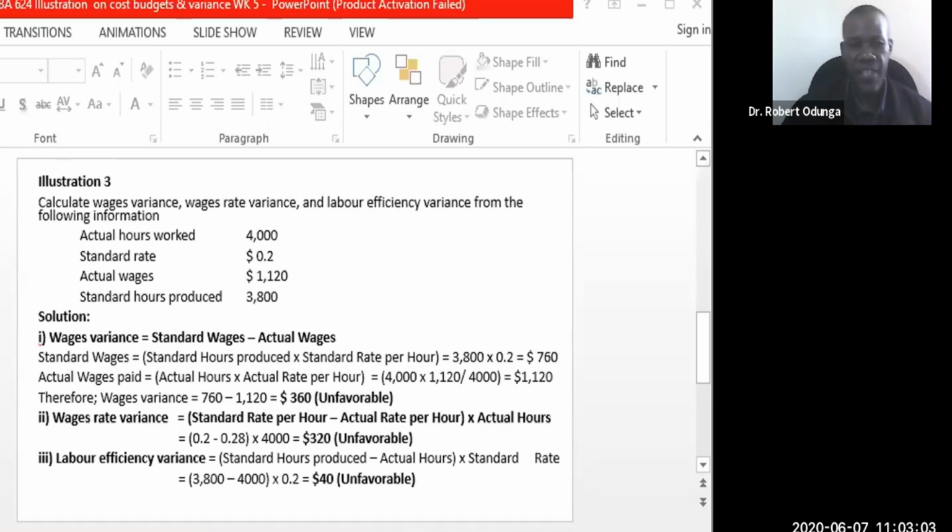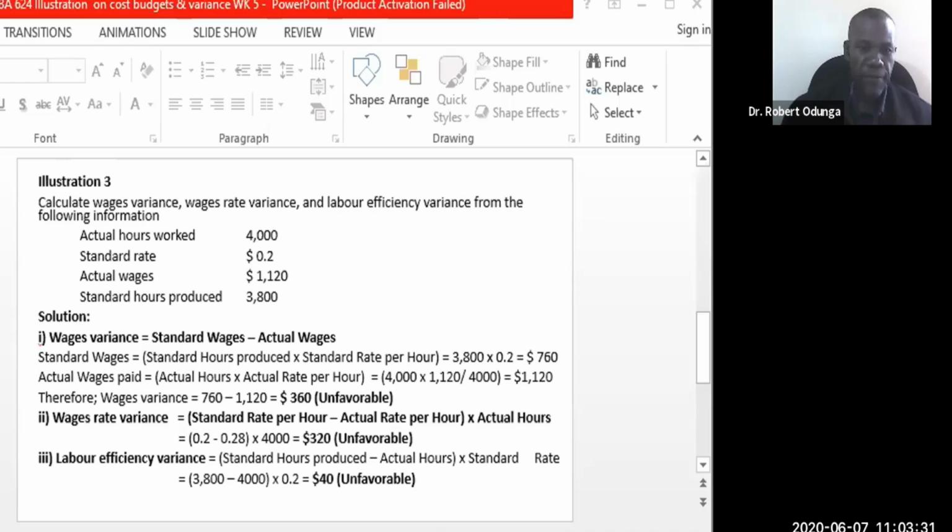So we have the standard figures and the actual figures, and we need to use them to determine our wages cost variance. So from our definition, we know wages cost variance is given as standard wages minus actual wages.